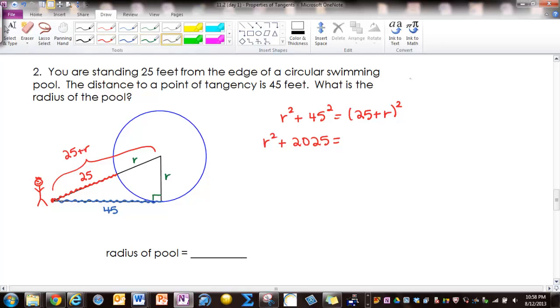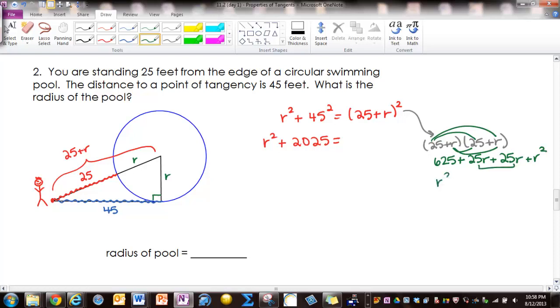I'm going to go off to the side here and say 25 plus R squared is going to be 25 plus R times 25 plus R. And then I distribute, I get 25 times 25, which is going to be 625, plus 25 times R is 25R, plus another 25 times R, and the last term is plus R squared. Collecting my like terms here, I get R squared plus 50R plus 625. And I'm going to put that right there.